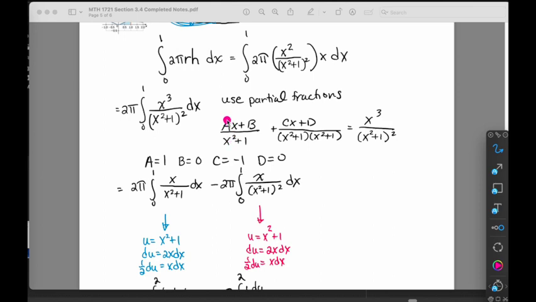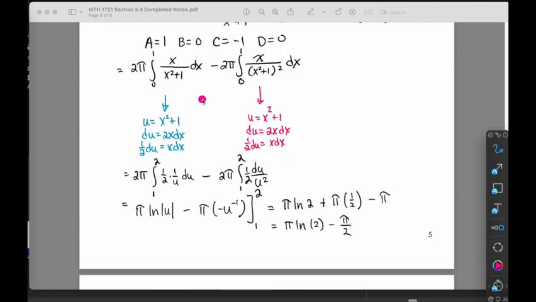A is 1, so that gives me a 1x, plus b is 0, so I just have 1x up here. Now, since c is negative, this is going to become a minus 2 pi, and I'm going to have x plus 0, which is just x in the numerator, all over x squared plus 1 quantity squared.